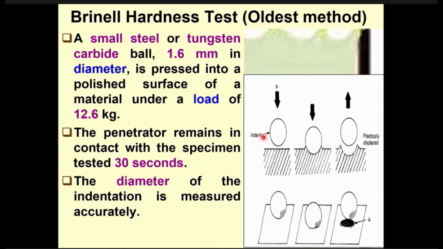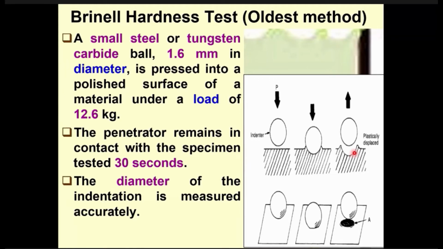So you can see in this image, we have a round ball shape indenter and we press it against the surface. Once we press it against the surface, and hold it for a few seconds and then move it back. So what we get? We get a hole or depression like this, which we call indentation.